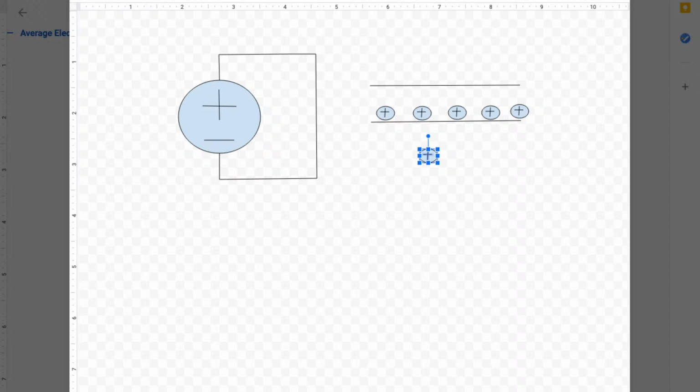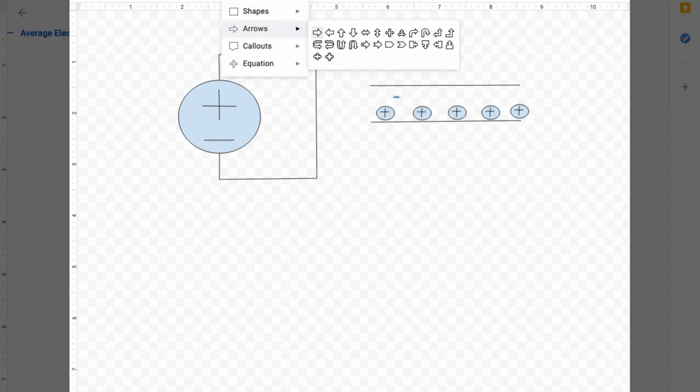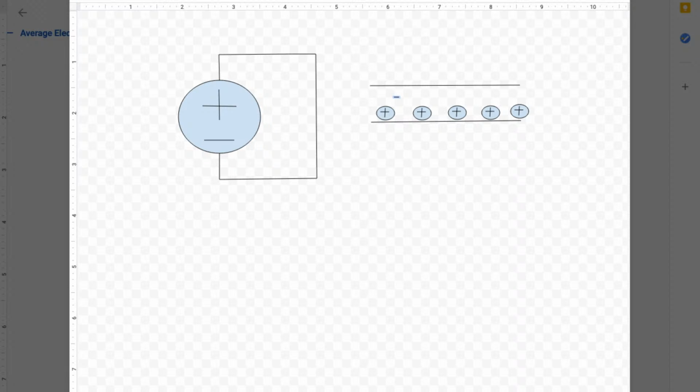So let's do this. Actually, we're going to make you smaller. The reason I'm going to make it smaller is that generally your negative electrons, from what I understand, are actually smaller than your positive ones.